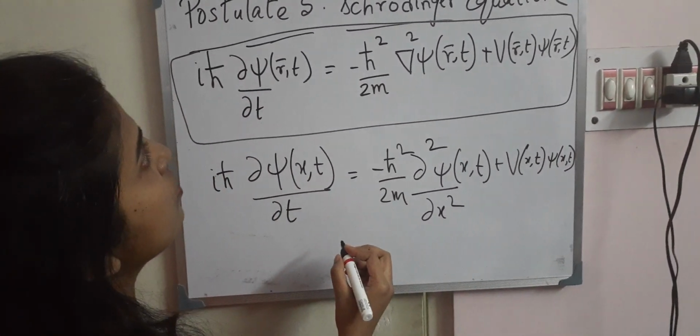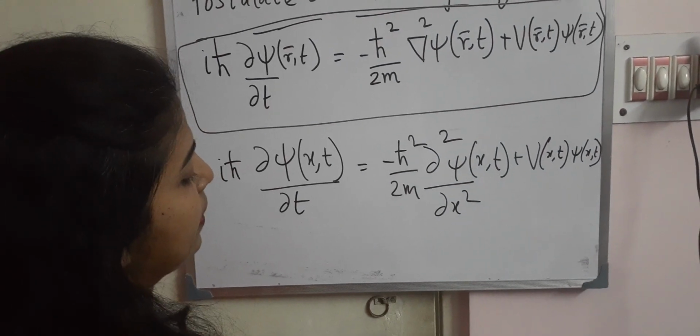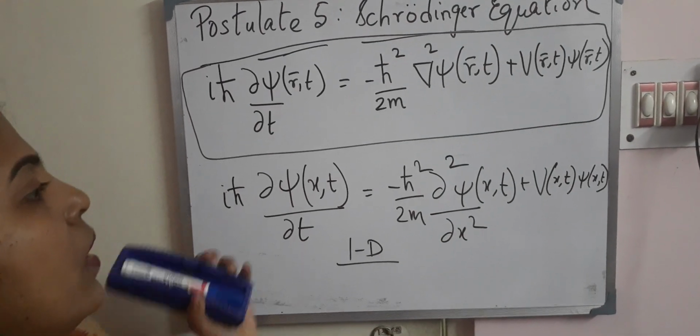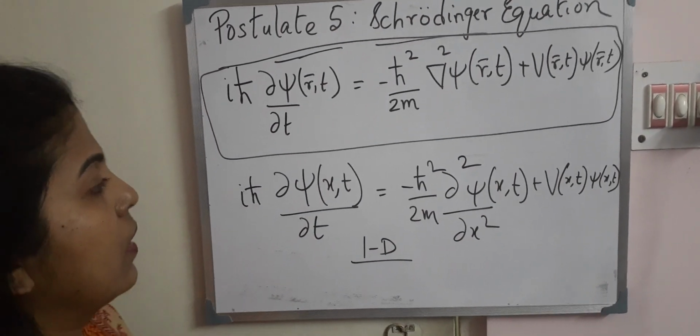So this is how Schrödinger's equation looks in a 1D system.